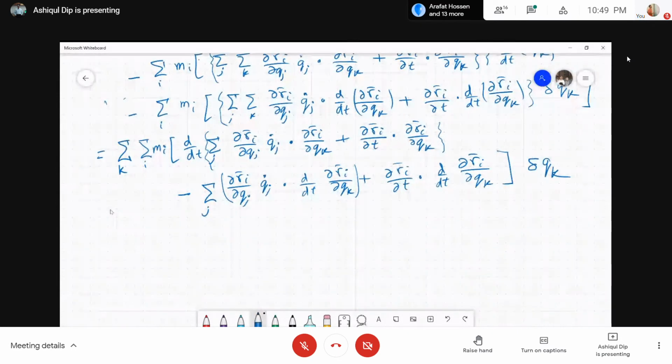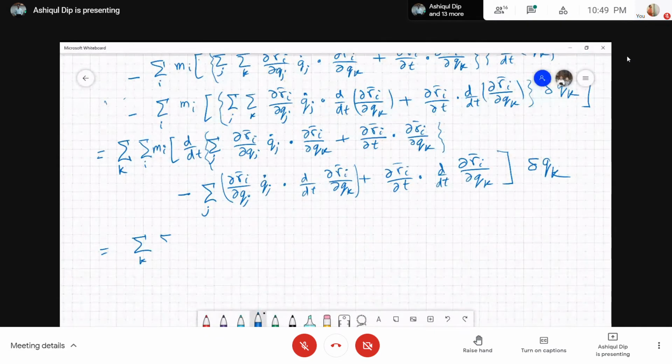Now it will simplify a lot. So see, we have sum over k, sum over i, mi, then ddt of something. But in that something, we have delta ri over delta qj dot delta ri by delta qk. And again, delta ri by delta t partial derivative dot delta ri by delta qk. So we can again factor out the delta ri by delta qk, right? And write our expression like this.